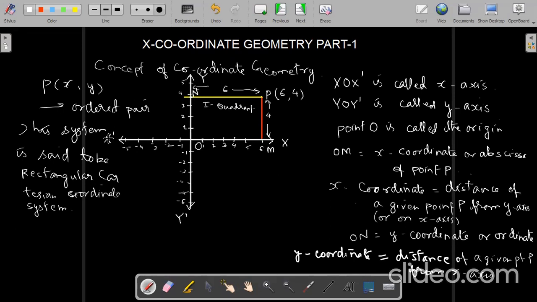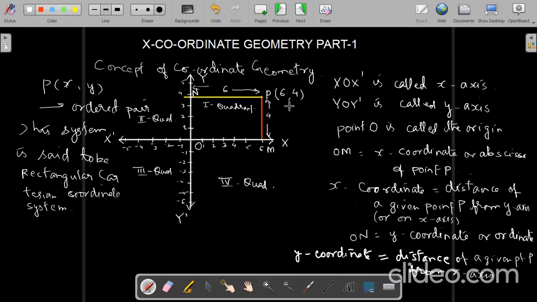And the next part, if the point lies there, is called the second quadrant, this is called the third quadrant, and this is called the fourth quadrant.